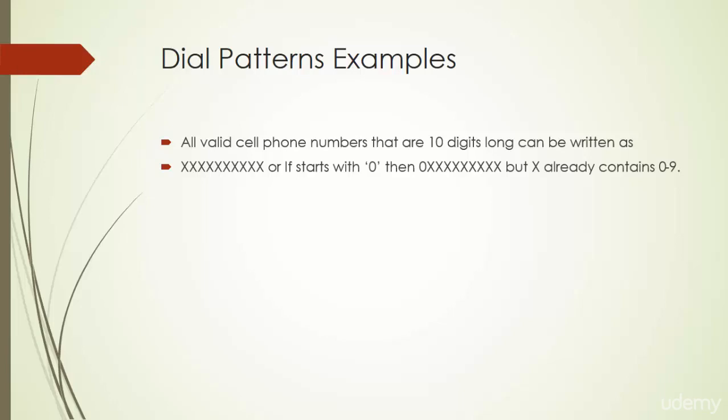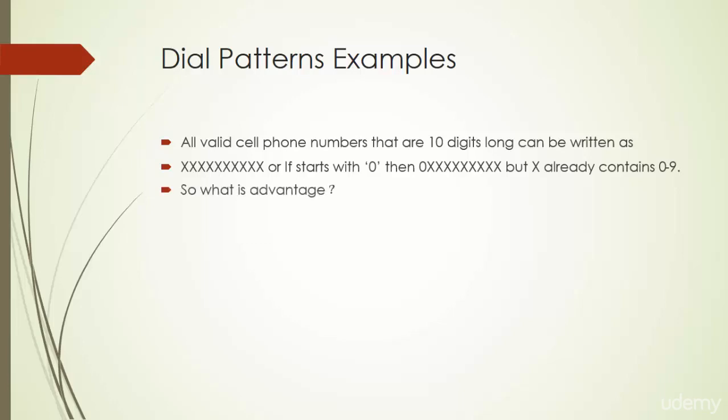The rest of the number you don't know, so you put X's in the general format. But if you pay attention, if I put 0 as the leading number, X already includes 0 to 9. So what is the advantage?